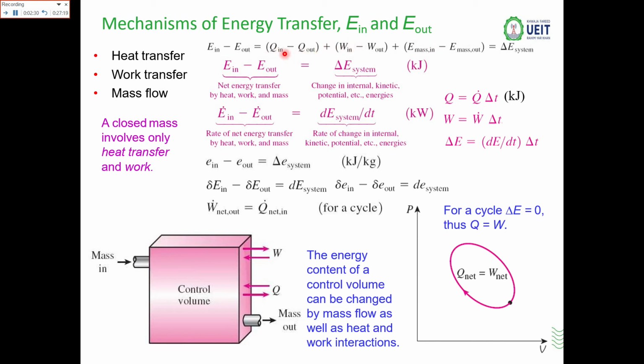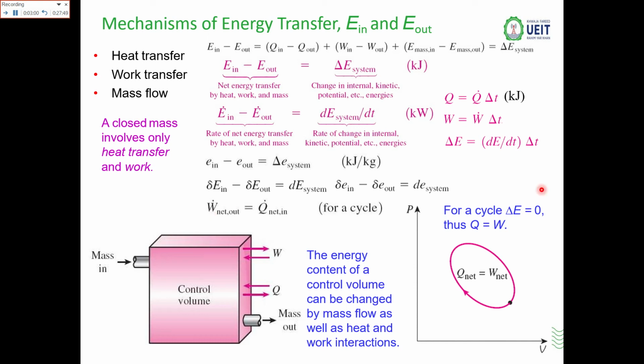So Q would be equal to W, but with a negative sign. So the output work is equal to the heat that has been supplied to the system. When you supply the system with heat, it will do some useful work and the remaining amount is utilized to raise the total contents of the body.